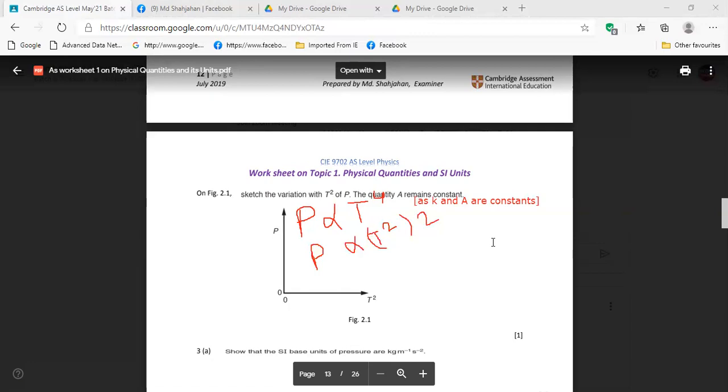You know this formula, right? Yes sir. S equals ut plus half at square is in kinematics, which is topic 3. We are going to discuss that one, and in kinematics you'll get all the equations of motion.